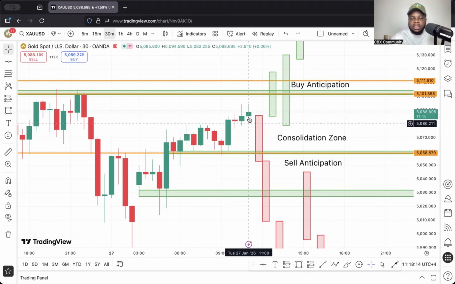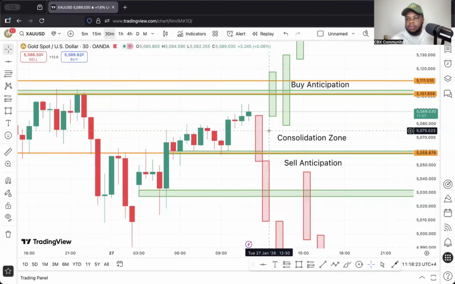But as of now, we don't need to do anything since this 30 minutes candle is left with 11 minutes before this candle needs to close. Let's see what the candle wants to do.